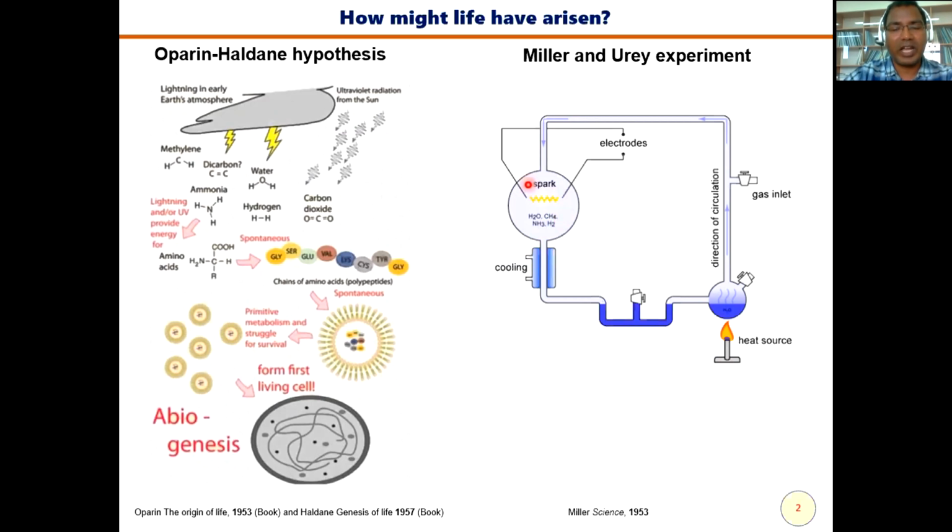They also gave a spark to maintain the early atmosphere conditions. They ran the experiment for a week, and then they found certain bioorganic molecules such as amino acids, glycine, alanine, and aspartic acid, sugars, and some other molecules.